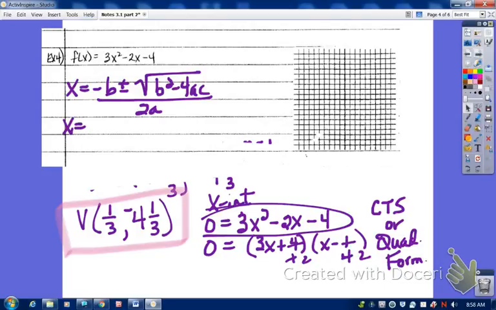All right, so negative b would be positive 2 plus or minus, and then we're just filling in. So that's going to be -2 squared minus 4 times 3 times -4, all over 2 times 3.